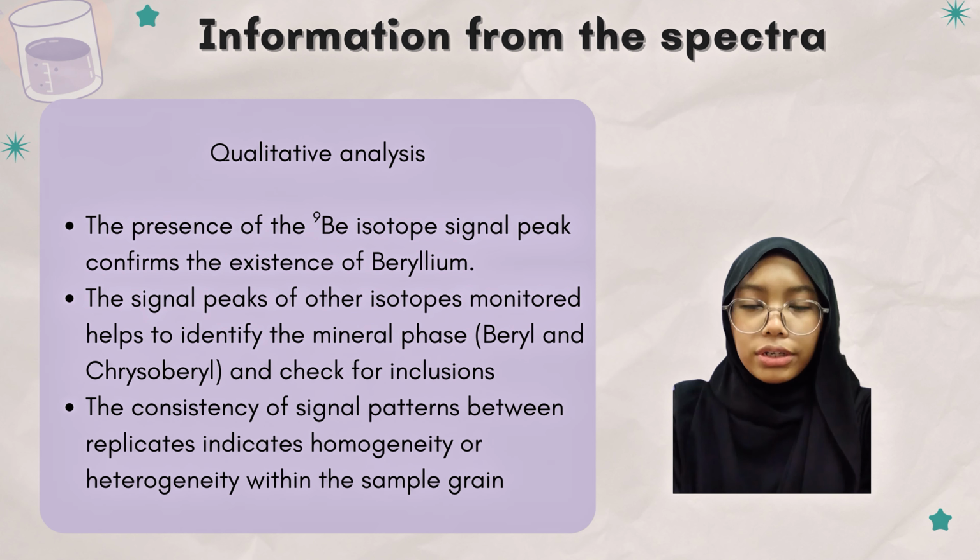From the spectra measured, the qualitative analysis can be achieved by the presence of the 9 beryllium isotope signal peak, which confirms the existence of beryllium. The signal peaks of the other 58 isotopes monitored in the study help to identify the mineral phase and check for inclusion of other elements. The consistency of signal patterns between the replicates indicates homogeneity or heterogeneity within the sample grain.